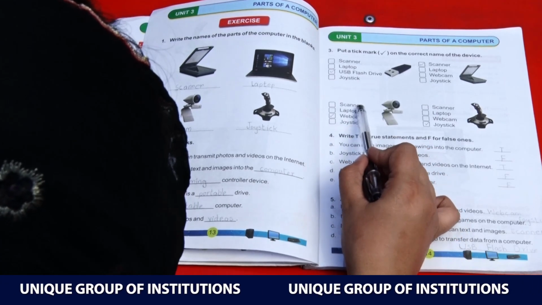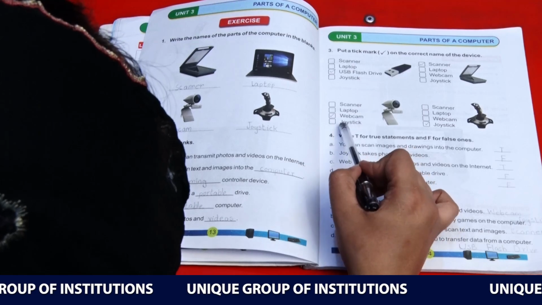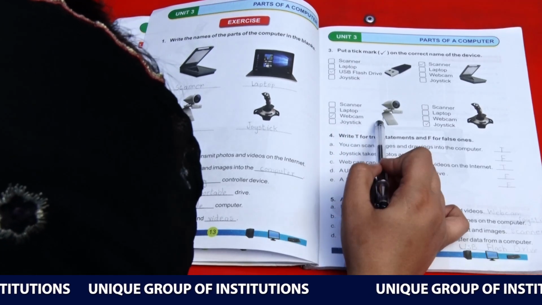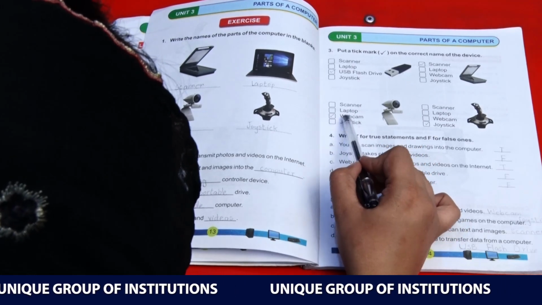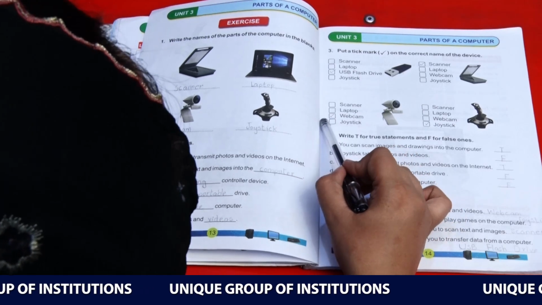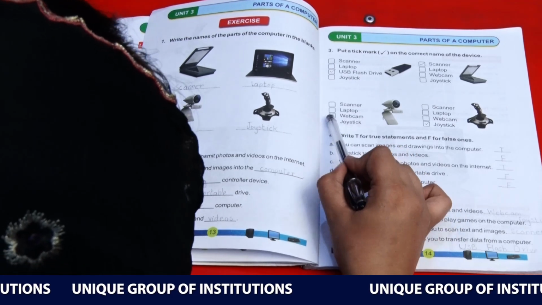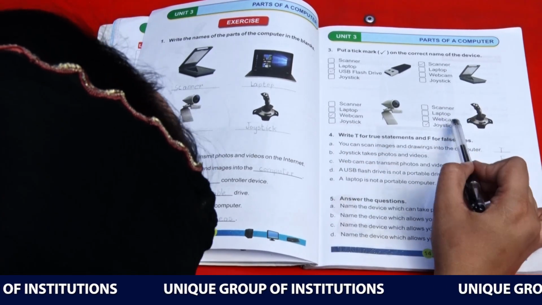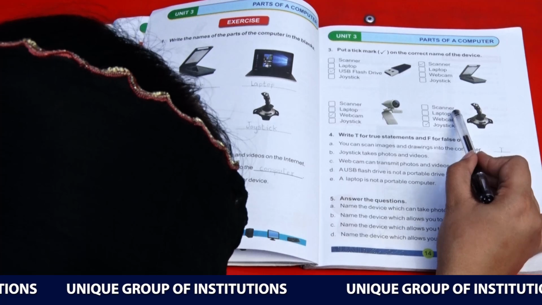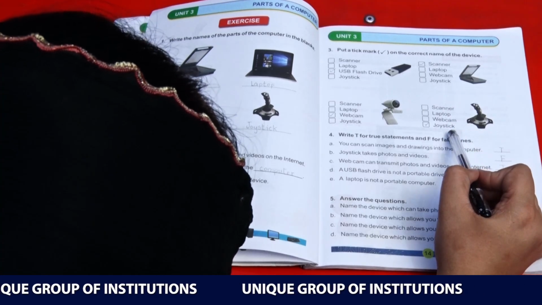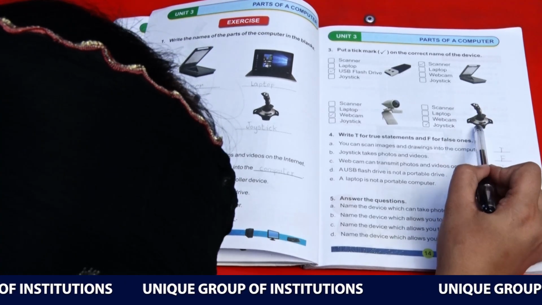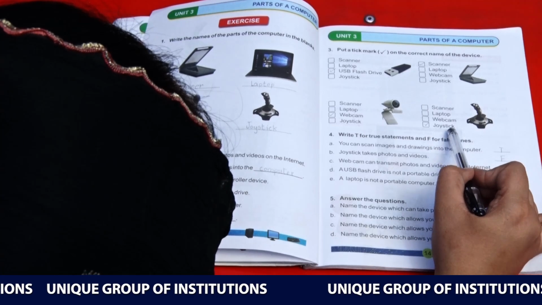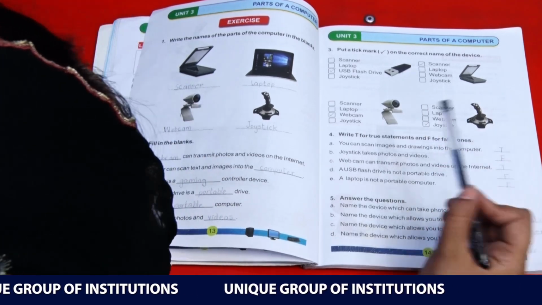Is it a scanner, a laptop, a webcam or a joystick? We all know that the correct answer is webcam. So, we have to put a tick mark with webcam. Next device, here are again 4 options: scanner, laptop, webcam and a joystick, and we all know that this device is a joystick. That is the correct option.